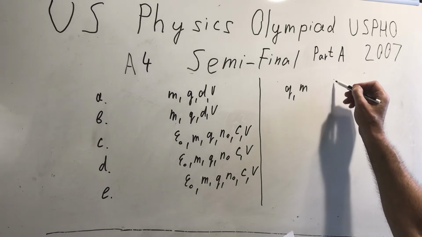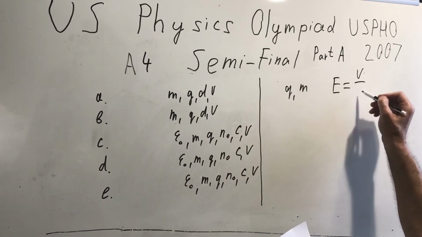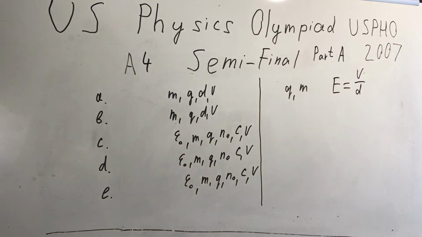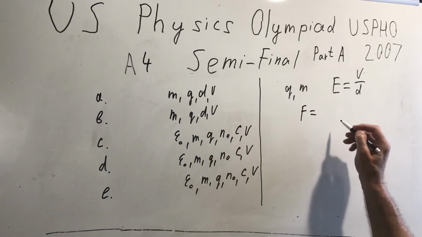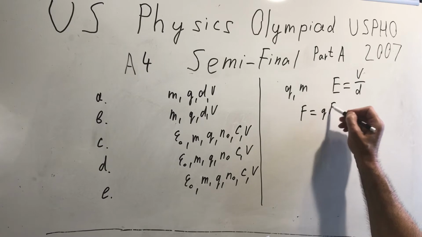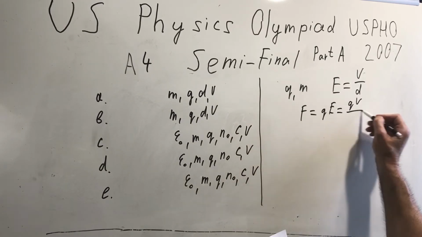The electric field can be calculated from the expression V over d. So the force on the charged ball will be F equal qE, which is equal to qV over d.